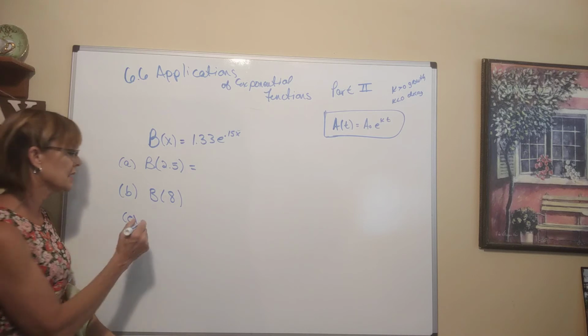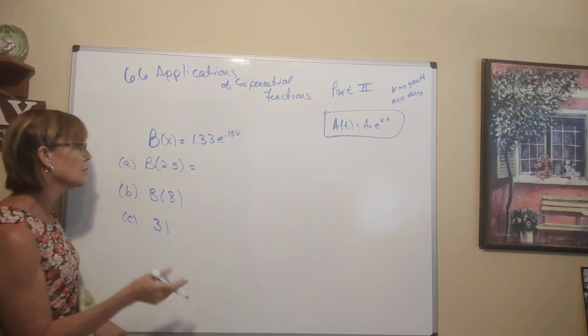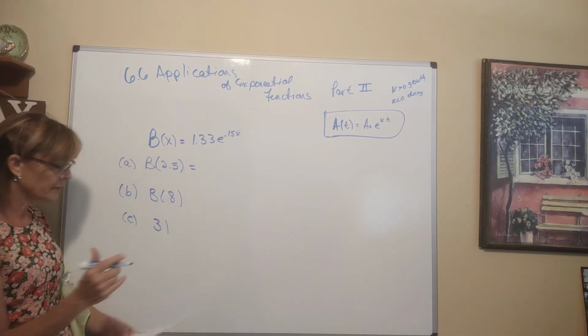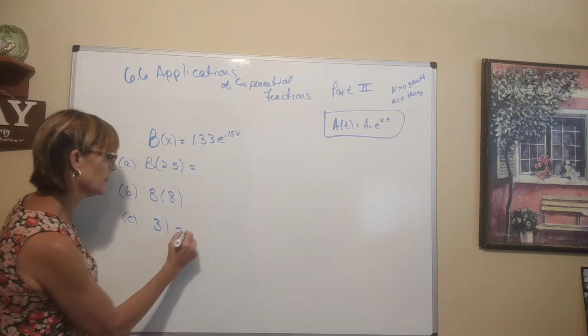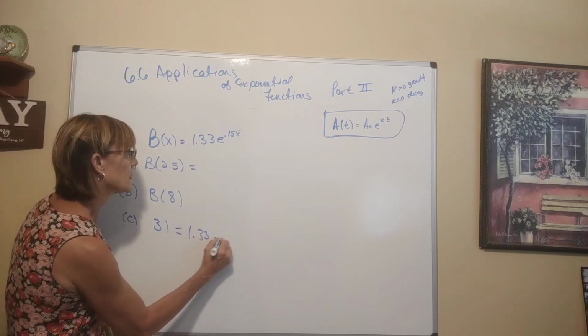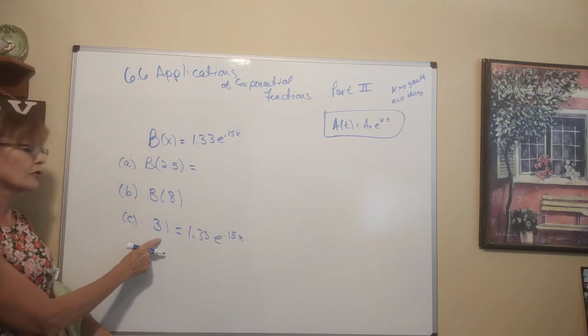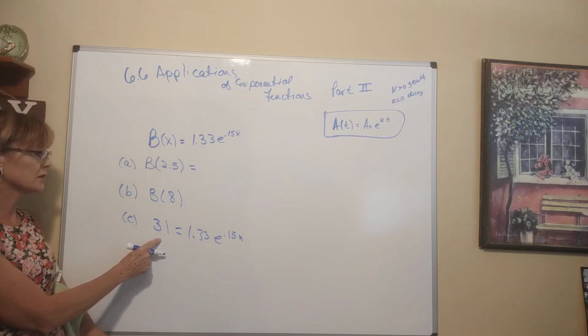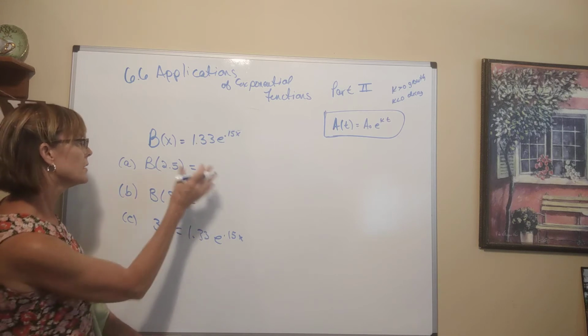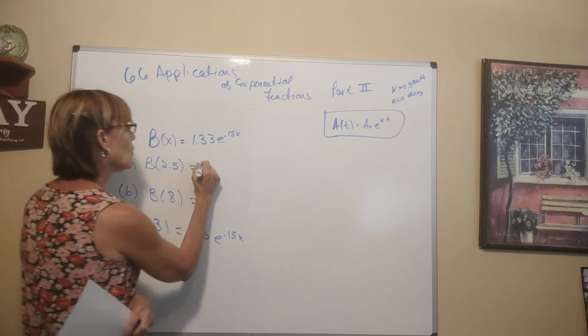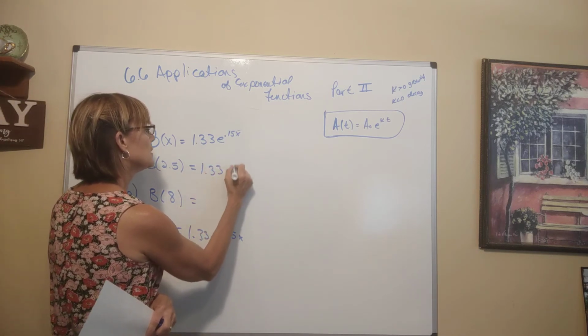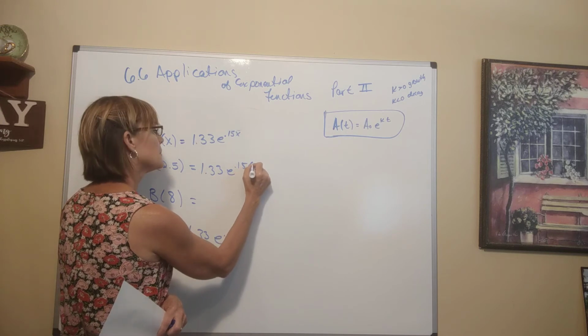This time they gave us the amount. 31 million per milliliter is the concentration. And we have to figure out x, how much time has passed in order for it to get to this concentration level. All right, so let's just finish this one. This is 1.33 e to the 0.15 times 2.5.